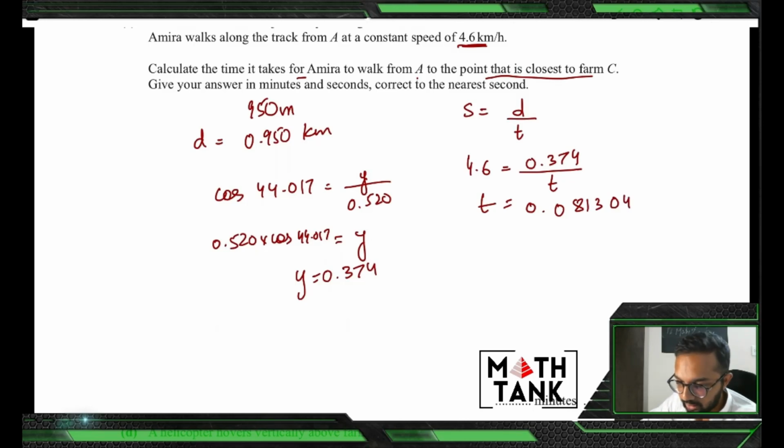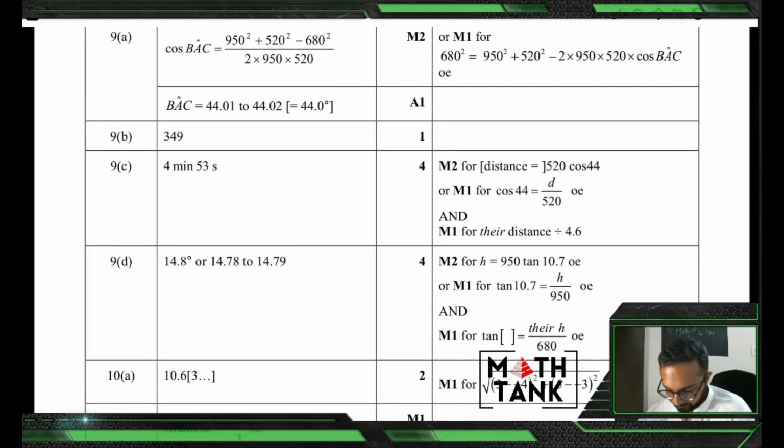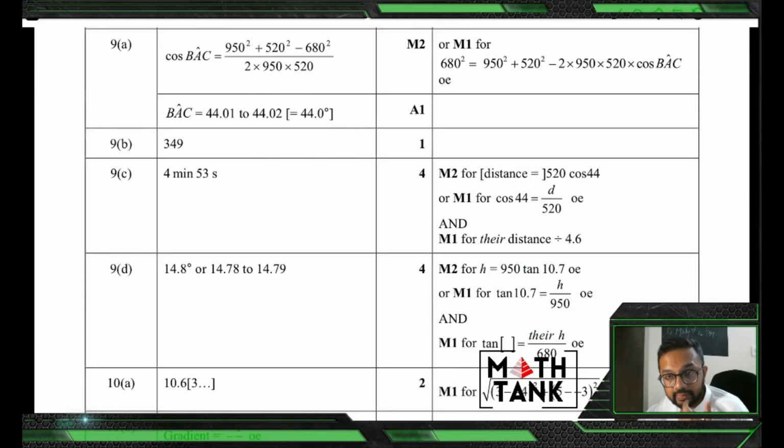I'm writing extra digits so that I get an exact answer. In order to change this into minutes, I multiply by 60, so 4.878. Then 0.878 needs to be changed into seconds, so 0.878 times 60. I'm just changing some part of the minutes into seconds. That gives me 53 seconds. So verify if we have the correct answer: 4 minutes and 53 seconds.